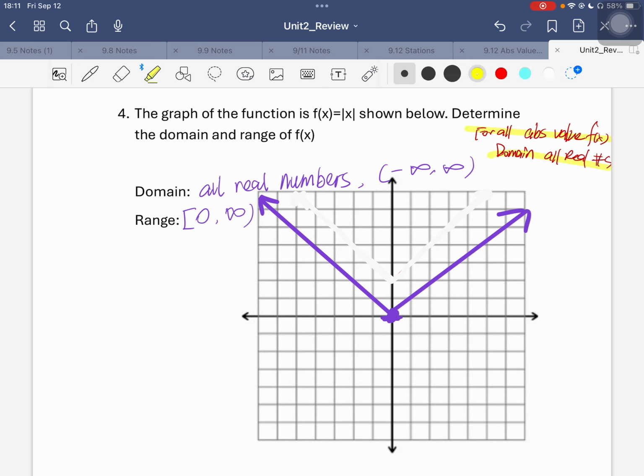And now the range. How do we find the range? This is the smallest y value on the graph, and because we know this is going up infinitely, it's 0 to infinity. And this parent function is this graph. If you want to, you can draw this parent function on the cheat sheet.